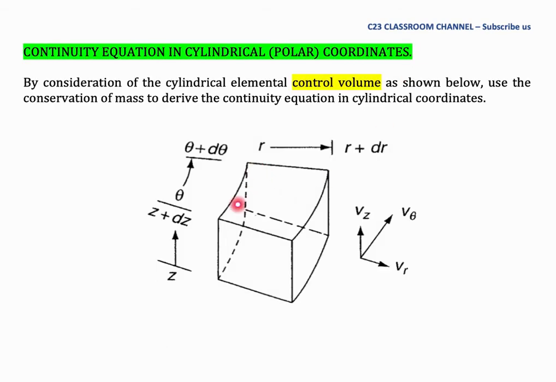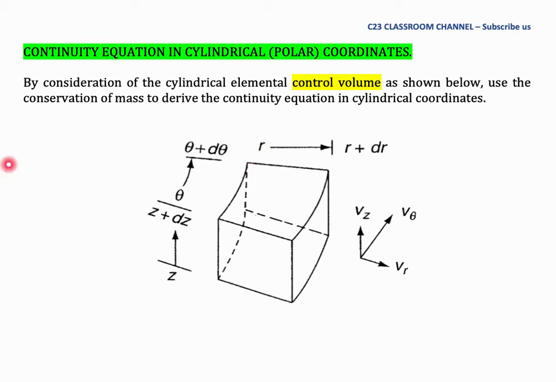This is the 3D of that element. The distance until this point is r, equal to the radius of that circle, from the center point to this point.